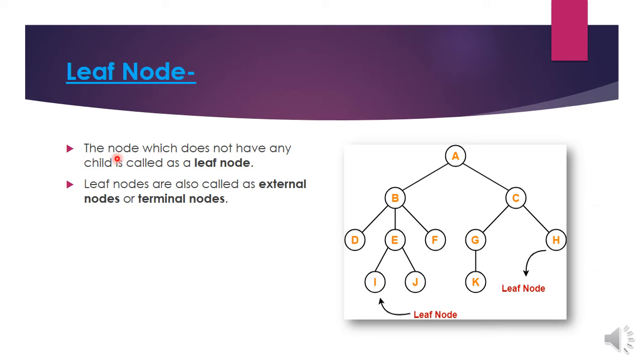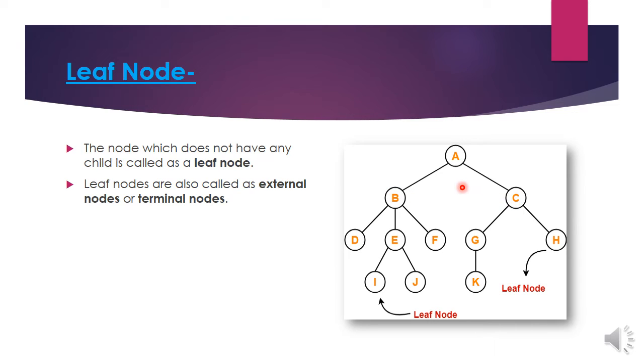Leaf node. The node which does not have any child is called a leaf node. What is a child node or parent node? If we consider this picture here, A is a parent node, B and C are the child nodes.